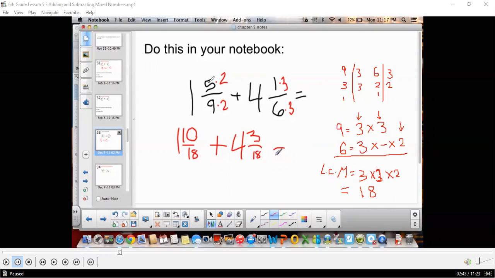Then we multiply the numerator and denominator together.